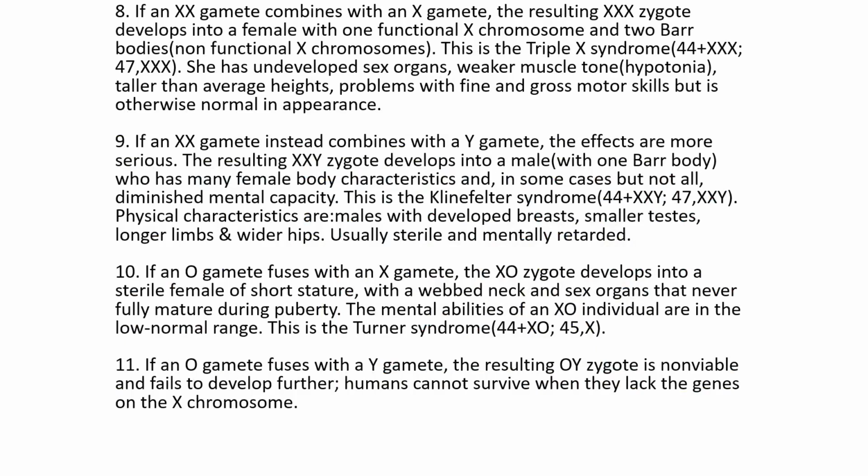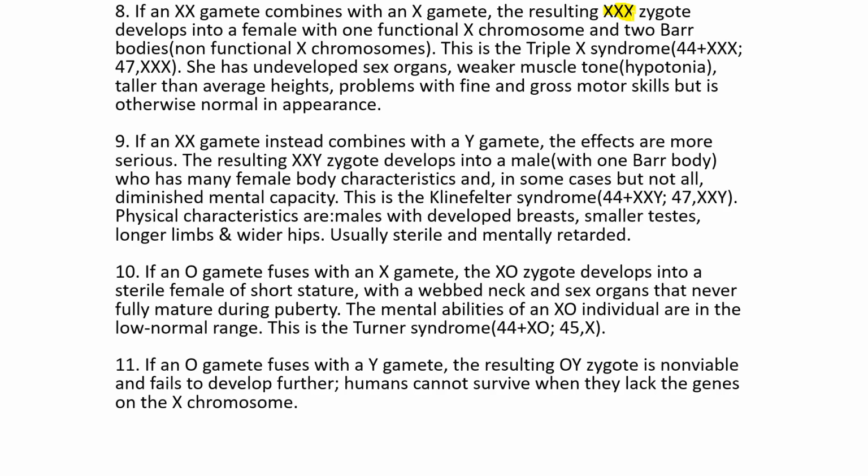Now, if an XX gamete combines with an X gamete, the resulting XXX zygote will develop into a female with one functional X chromosome. Now you know that there are 3 X chromosomes here. Only one would be functional, and the other 2 would be non-functional or deactivated.